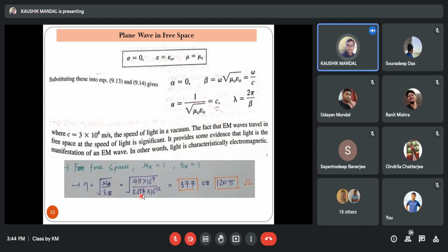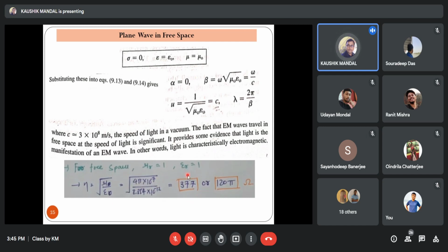Epsilon naught is 8.854 into 10 to the minus 12. If you calculate it, it will be around 377 ohm or 120 pi. Okay. So for free space, as mu r equals 1 and epsilon r equals 1, the intrinsic impedance becomes root of mu naught by epsilon naught. Now we just put the values of mu naught and epsilon naught, and you will find that the intrinsic impedance is 377 ohm.